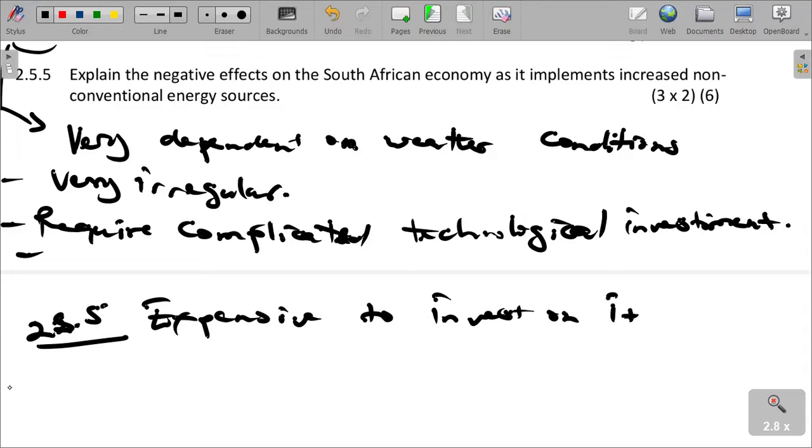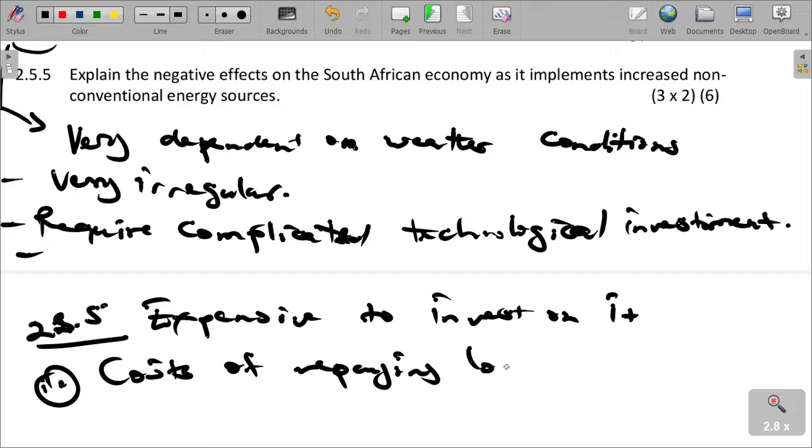We can talk about the cost of repaying loans is too high. When they take loans, it can be expensive to pay back the loans.